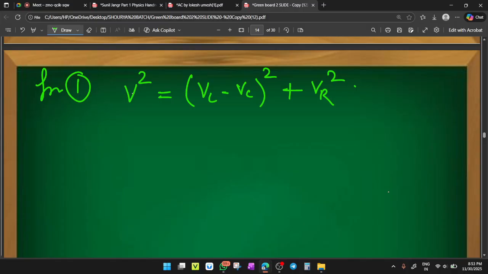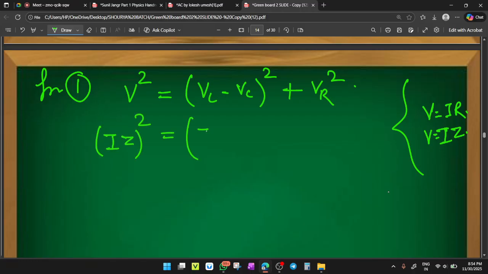So what is V? V equals IR for a purely resistive circuit. But here the total resistance becomes impedance, so you have to put here IZ. So (IZ) whole square equals (IXL minus IXC) whole square plus (IR) whole square. Clear or not clear?